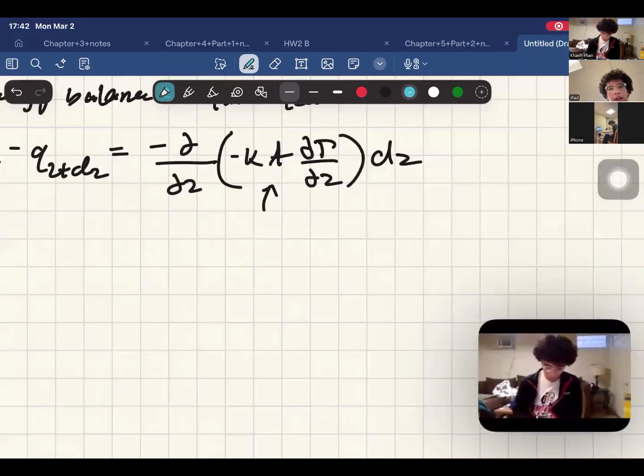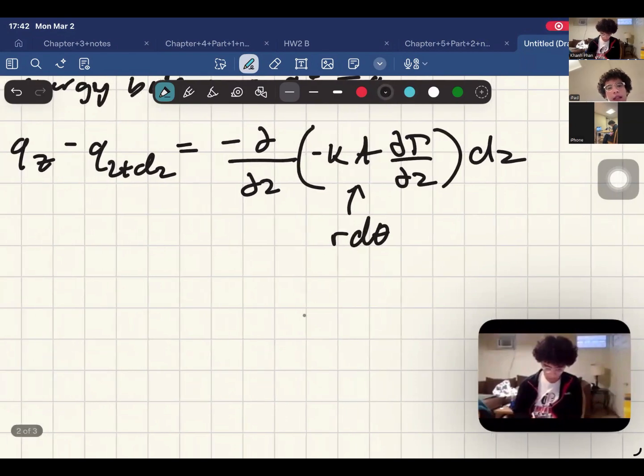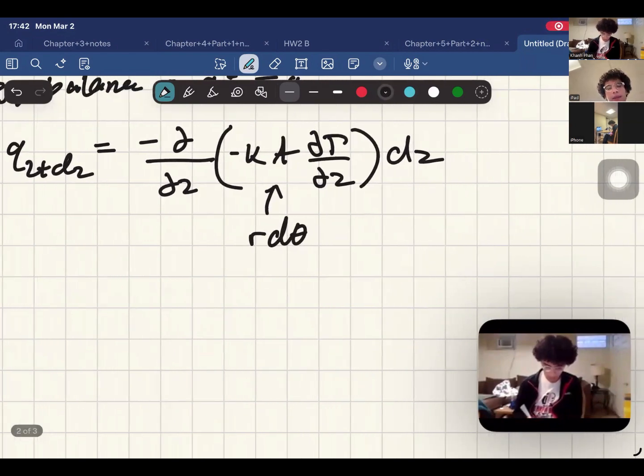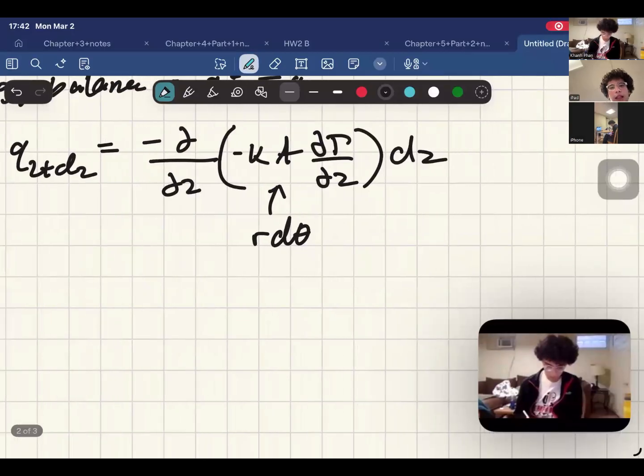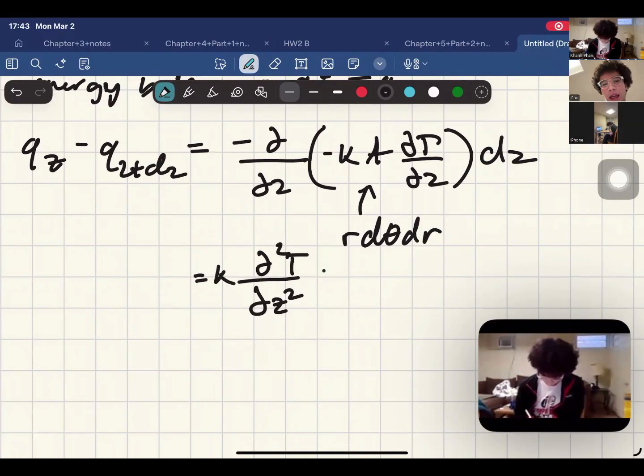So we know that the area is equal to r d theta times dr, and this is gonna be equal to the second derivative of T times k times r d theta dr dz.